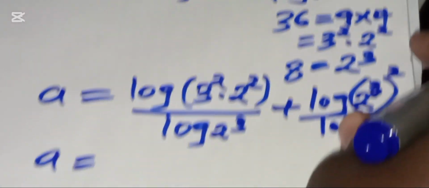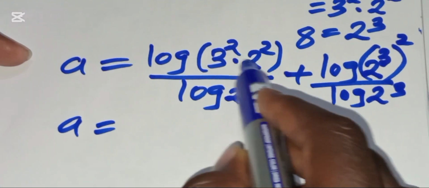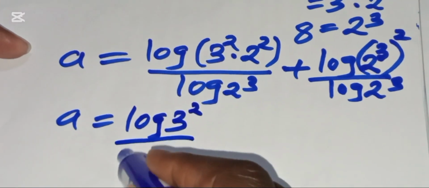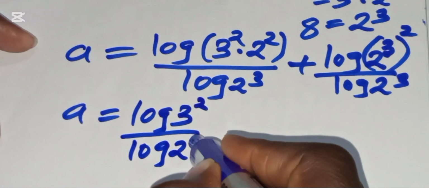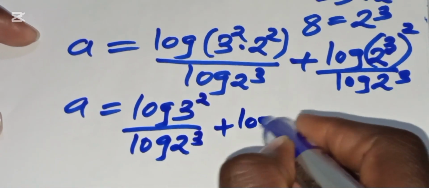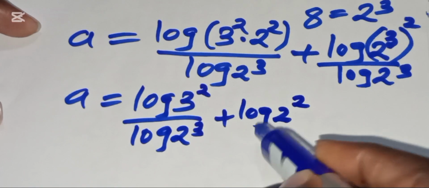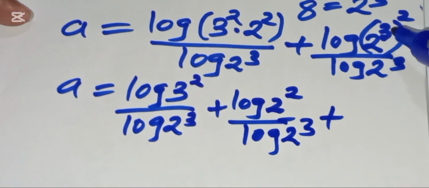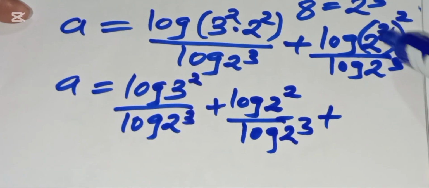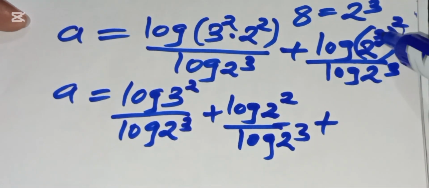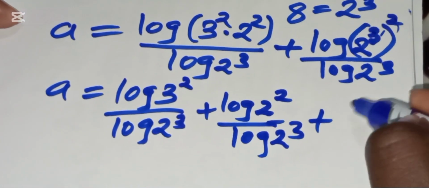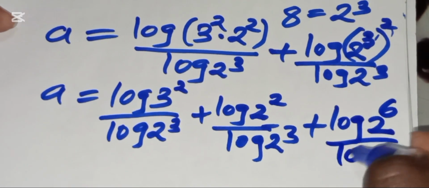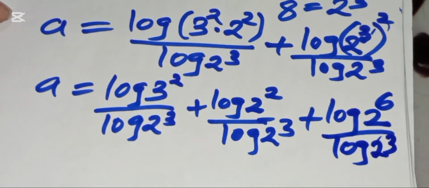So applying that property, log 3 squared multiplied by 2 squared becomes log 3 raised to power 2 divided by log 2 raised to power 3, plus log 2 squared divided by log 2 raised to power 3, plus, now we have log of 2 cubed, that is 2 raised to power 3, everything squared. This is the same thing as 3 times 2, which is log 2 raised to power 6, divided by log 2 raised to power 3.